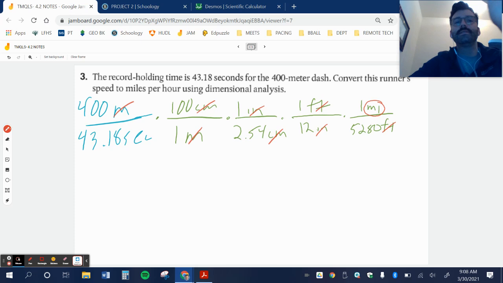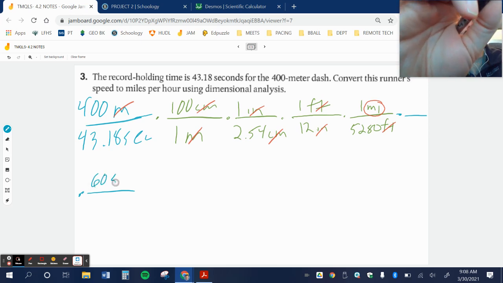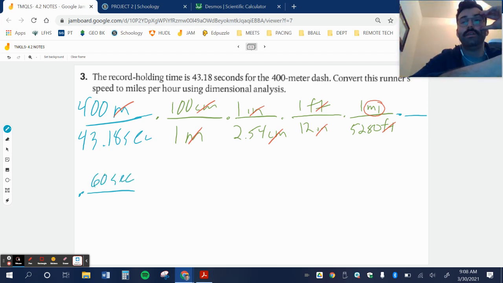Okay. Now you notice that seconds is in our denominator in the bottom here. So knowing that, when I start my next conversion, and technically I'm still multiplying onto the same line here, but I'm going to continue it down here, I need my 60 seconds to be the numerator. I need it to be in the top. Because seconds is in the bottom here, in order to cancel it out, it needs to be on the top. Because seconds over seconds cancel.